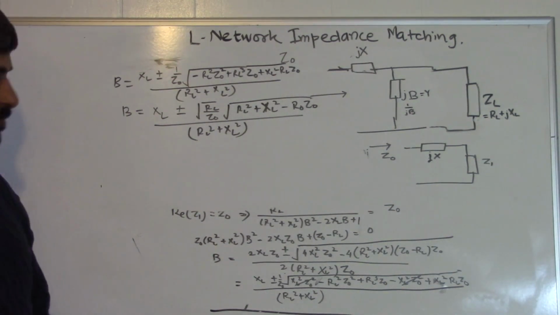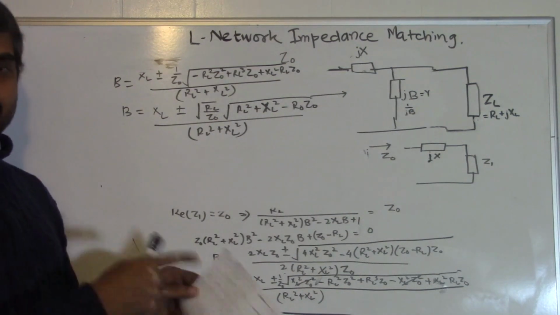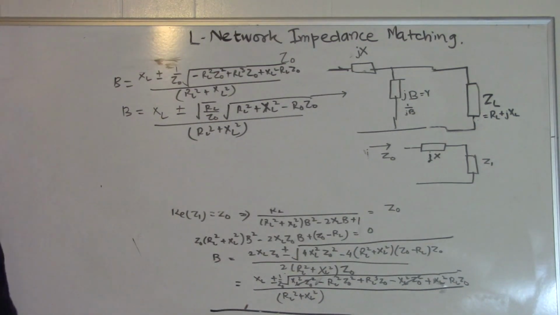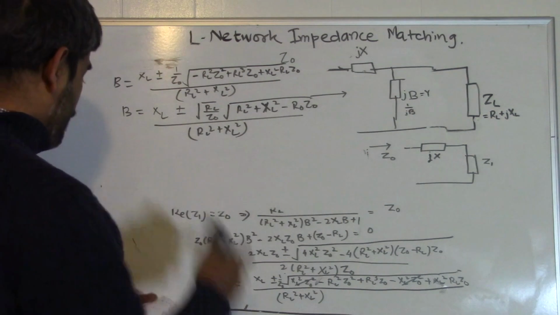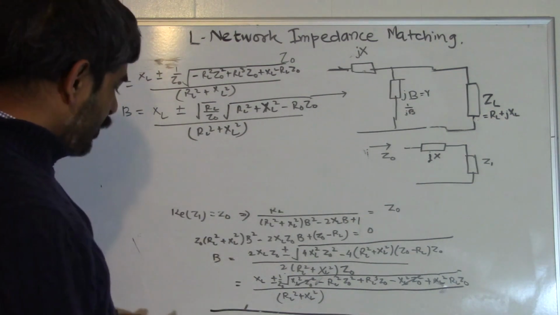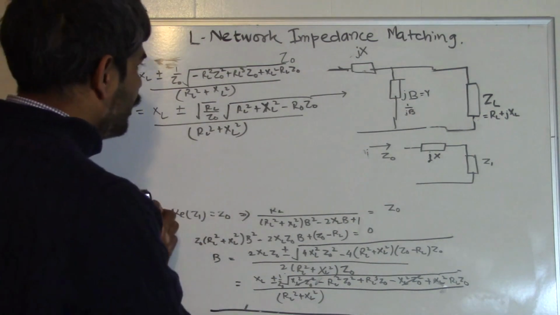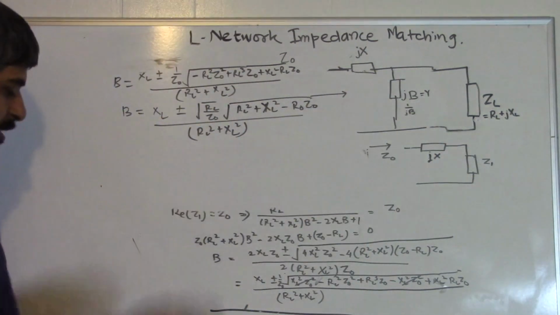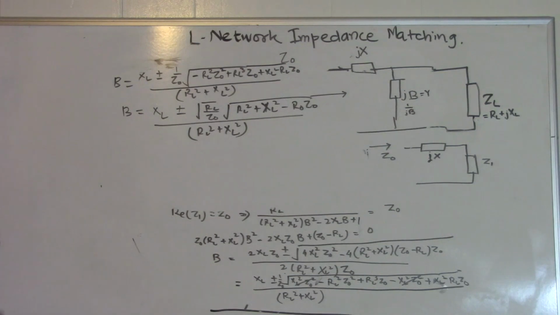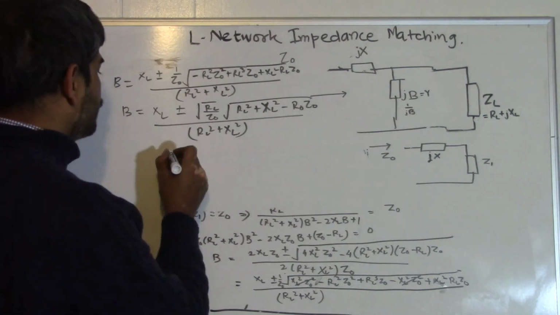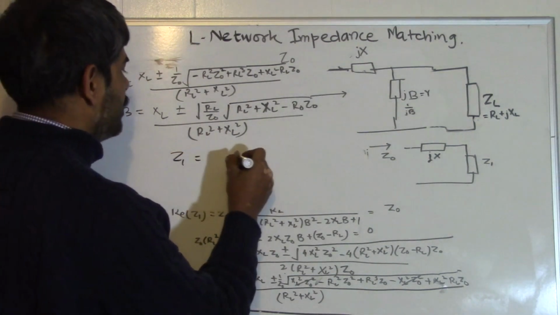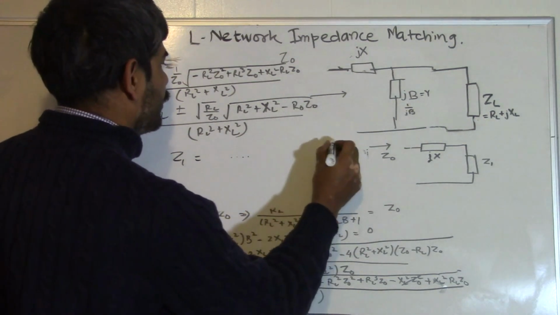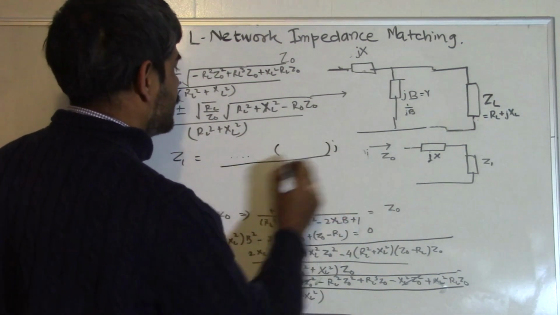I'm trying to make sure this equation matches the result that I have here, which it looks like. So this is the condition for B, and if you go back to the equation, we had an expression for Z1 which has some terms here and another term times j divided by something like this.